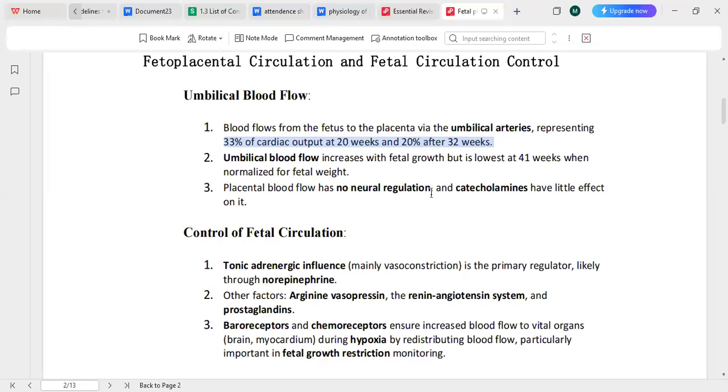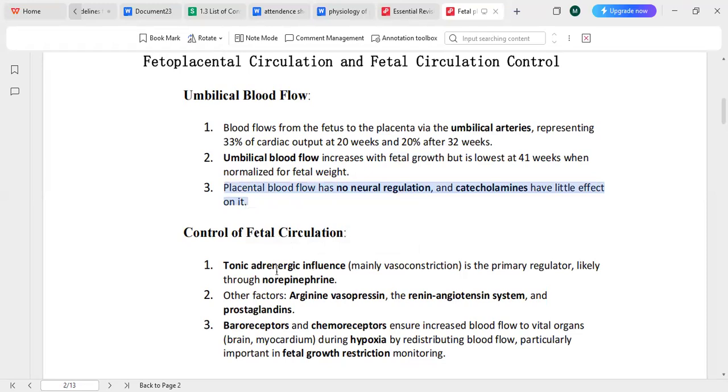When fetal growth is ongoing, umbilical blood flow is also higher, and it's lowest at 41 weeks when normal fetal weight is achieved. Placental blood flow has no neural regulation and catecholamines have very little effect on it. So neural regulation, parasympathetic or sympathetic, was true for heart rate only, not blood flow.